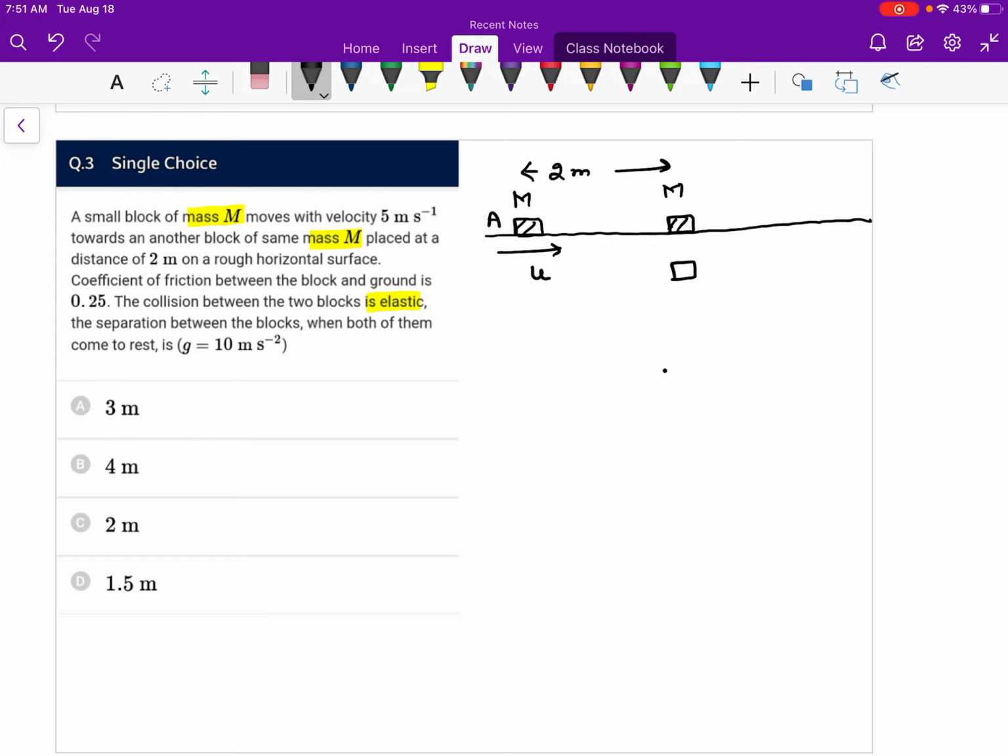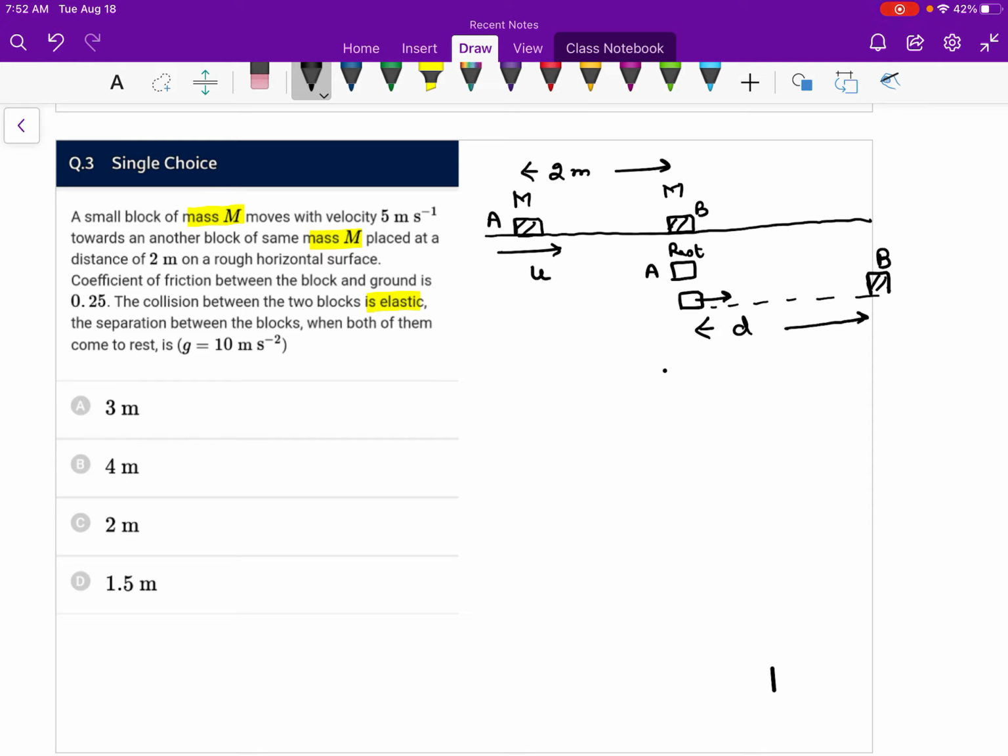Suppose this is A, this is B. So A comes to rest and B starts moving with the same speed v1, and finally B comes to rest. This is the separation which we need to calculate. The situation is as though B is throughout at rest and A is continuously moving.